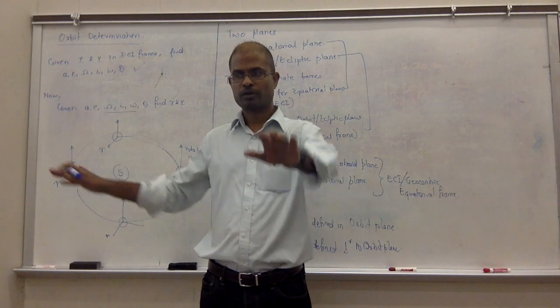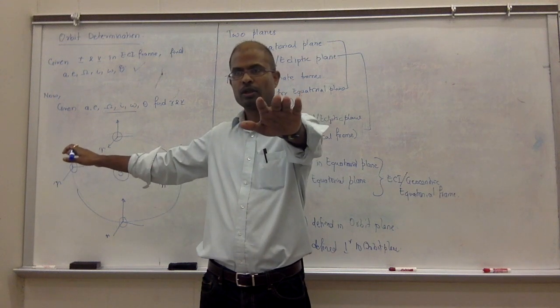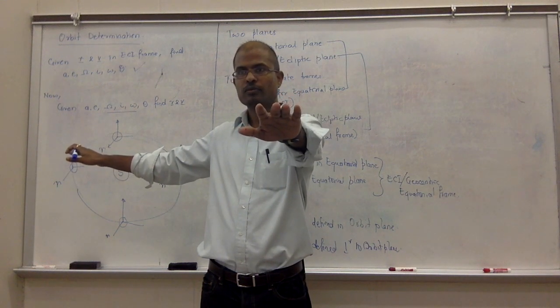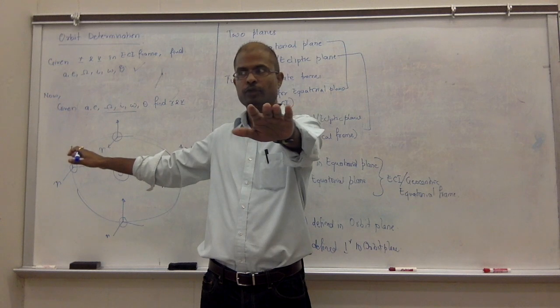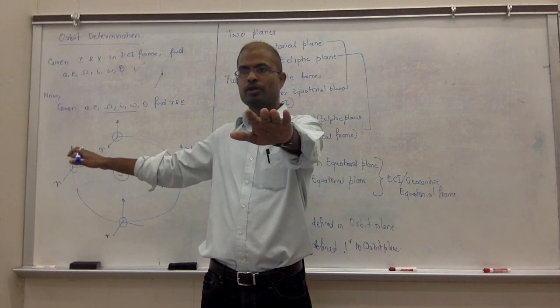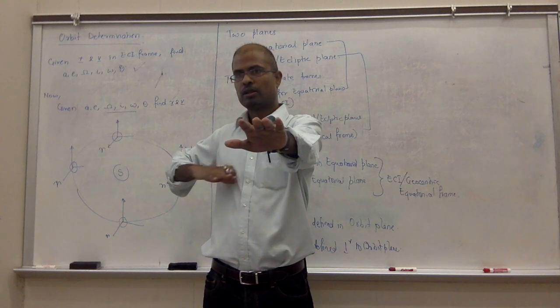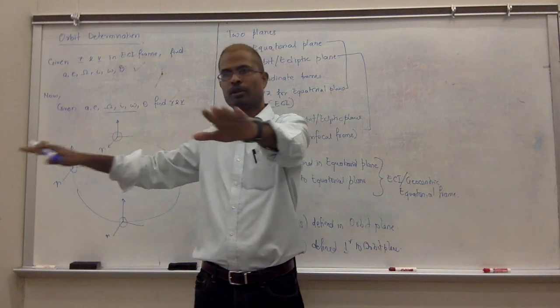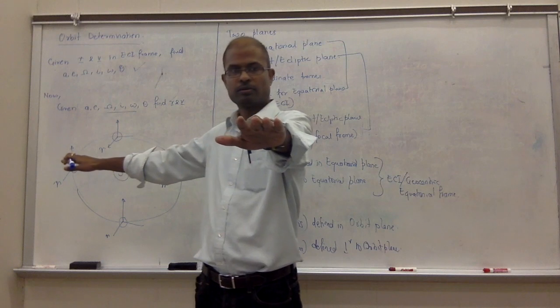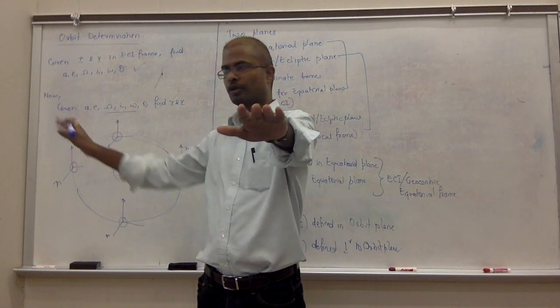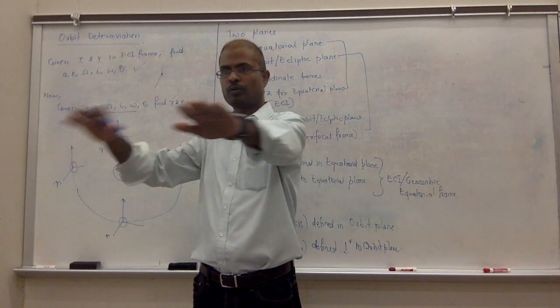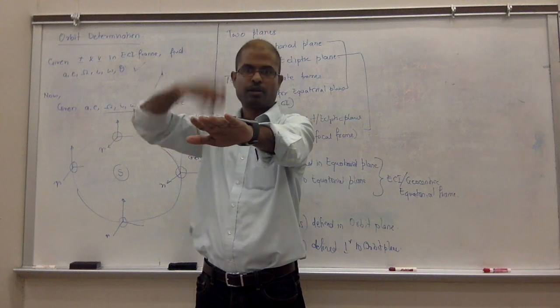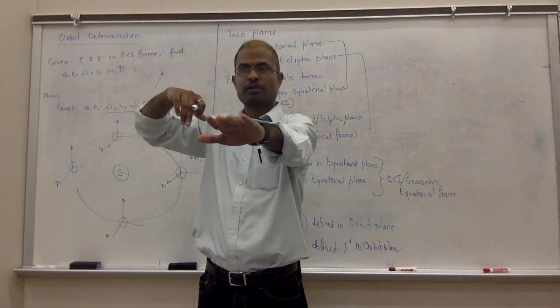So this is my equatorial frame. This plane is the equator, the plane formed by my two hands. Right? So this is the x-axis, this is the y-axis, and my height is the z-axis.